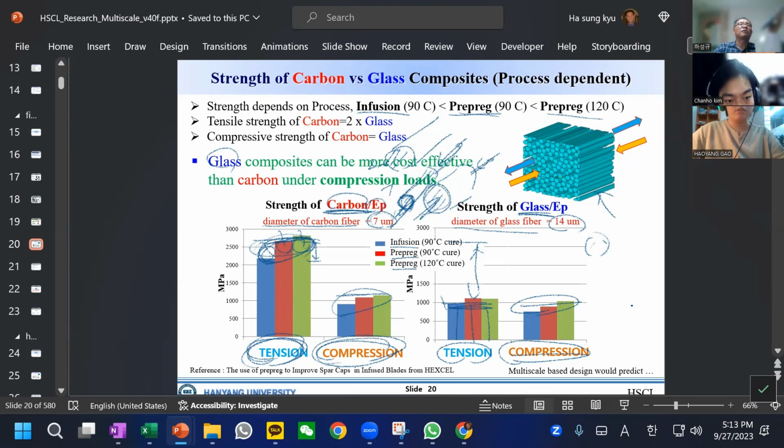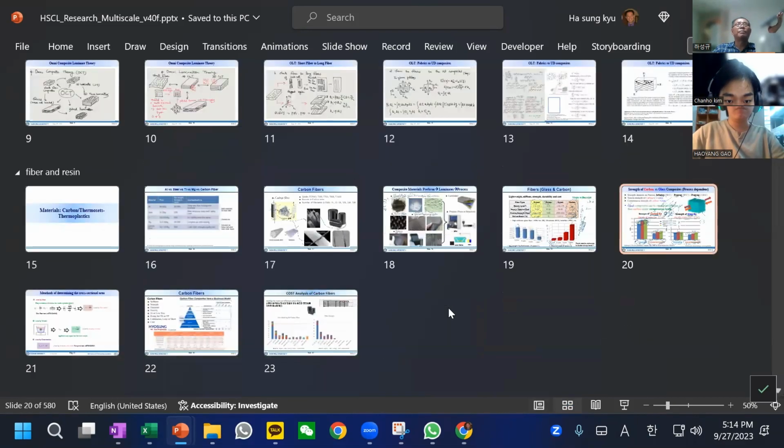So that's why the smaller diameter is much preferred for increasing the tension. So for tension loading, you choose the small diameter carbon fiber. Compression, well, is questionable. So carbon is considered as not good for compression in general. Okay.